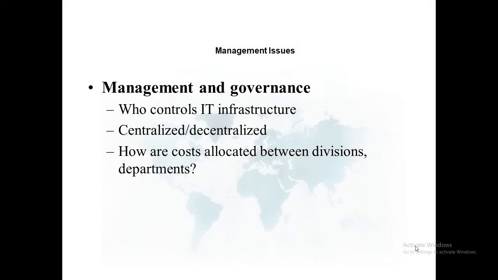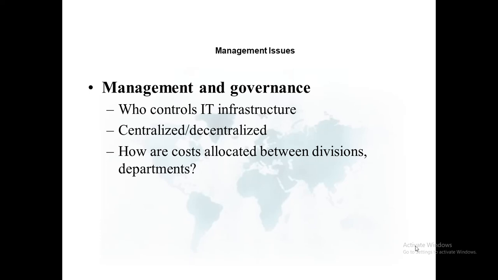Then the other issue is management and governance. Deciding who controls the IT infrastructure is a challenge. Who controls? You are the business manager, but who controls the IT infrastructure? Who budgets for it? Those issues will always arise, because remember, the IT budget is spread.